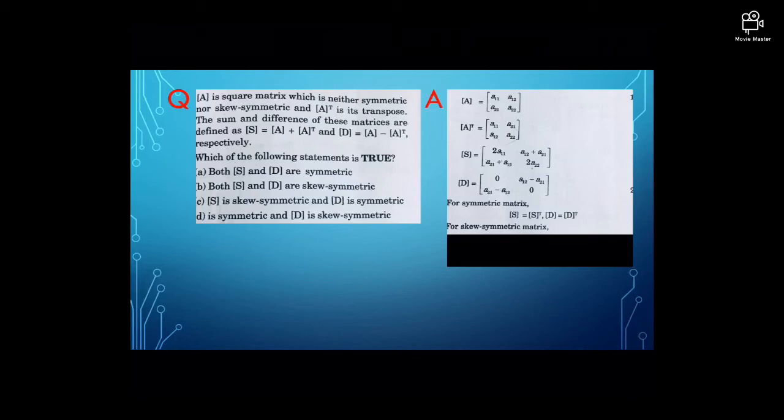For a symmetric matrix we know S is equal to S transpose, and for skew symmetric D transpose is equal to minus D. So from these S and D we can easily find out S is symmetric and D is skew symmetric. Why? Because once we see S transpose, it will be the same as S, so it will be symmetric, and when we find D transpose, it will be minus D. So S is symmetric and D is skew symmetric.